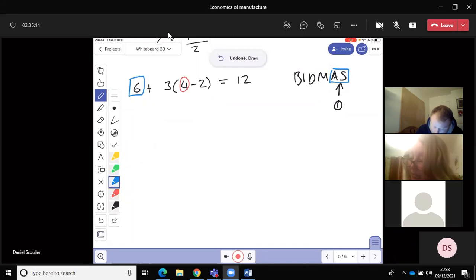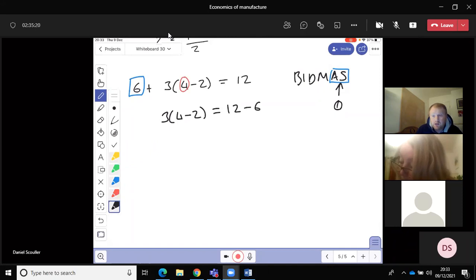So we'll leave ourselves with 3 bracket 4 minus 2, equals 12 minus 6. Change side, change sign. That positive 6 becomes negative 6 on the other side. If you work through that calculation, 6 equals 6. We're still balanced.